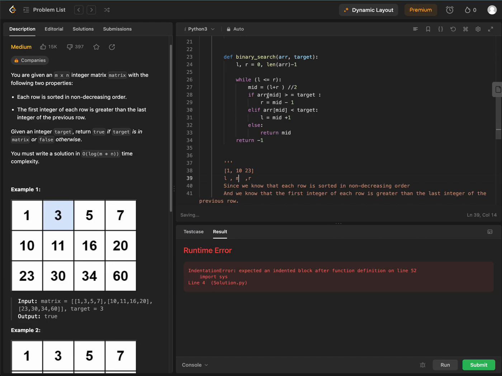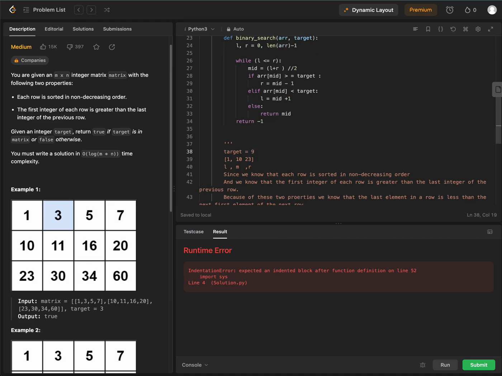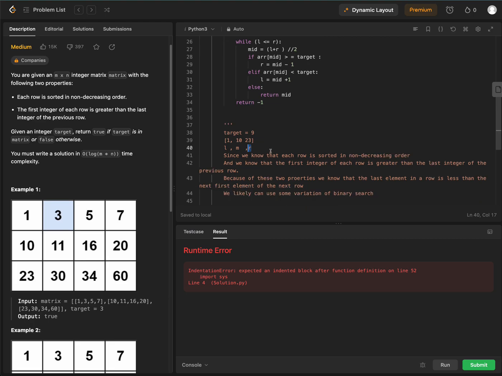And then we have if array of mid is greater than or equal to target, mid. Target is 9, right? And since we know that array of mid is greater than target, we want to shrink right equals to mid minus 1.